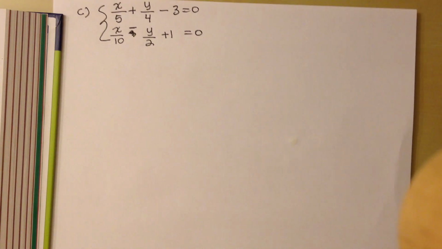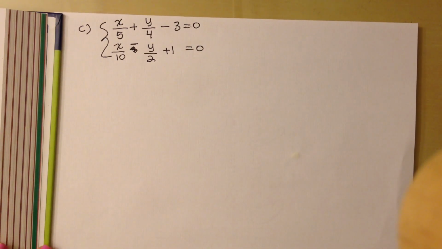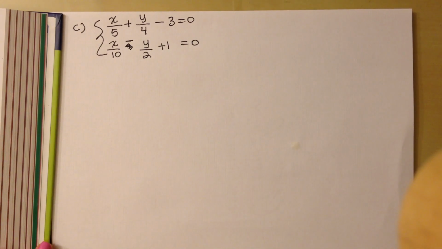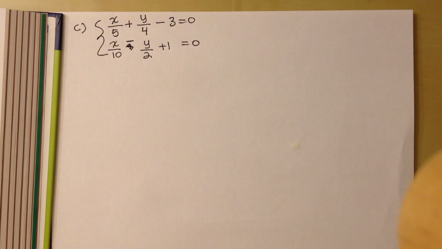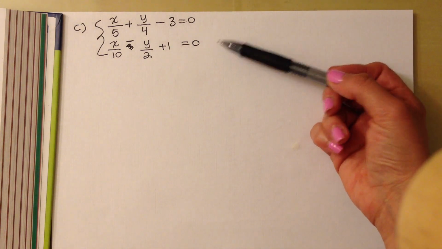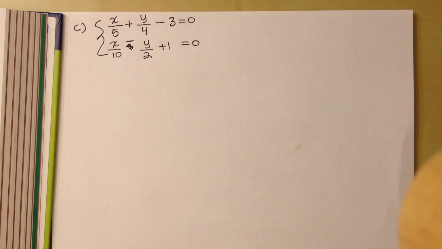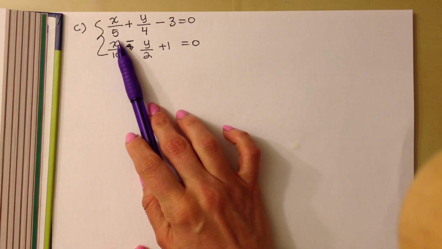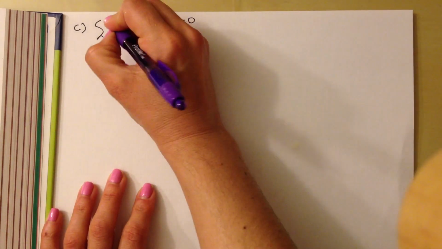Okay, for example C, this is a problem that contains fractions. So if we have fractions, we can eliminate the fractions by multiplying by the least common denominator, LCD. So we will multiply both of these equations by the corresponding LCD. If we look at equation 1, the LCD is 20.